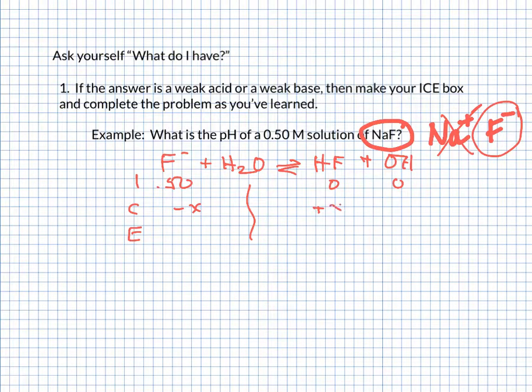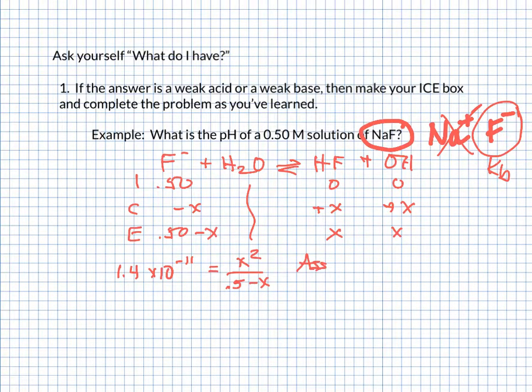Change: minus X, plus X, plus X. So you've done a bunch of these: 0.5 minus X, X, and X. You're going to need the KB for F minus, which is 1.4 times 10 to the minus 11. You'd either be given that in a problem or have a table of them. So that's X squared over 0.5 minus X.